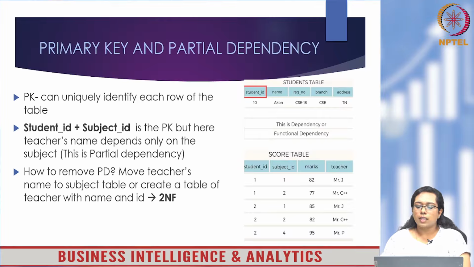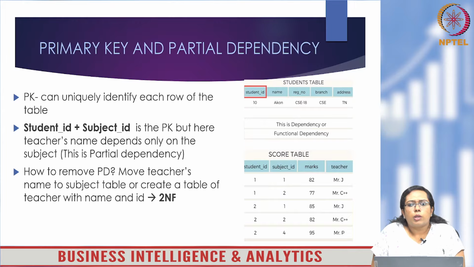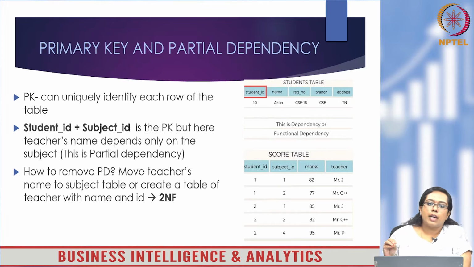What is the primary key? Student ID plus subject ID is the primary key. So, student ID is a prime attribute, subject ID is a prime attribute. And what about marks and teacher? Both are non-prime attributes.